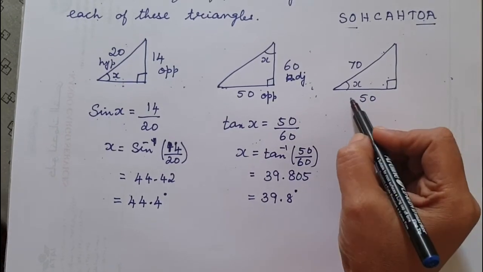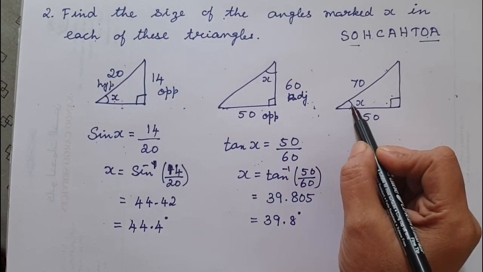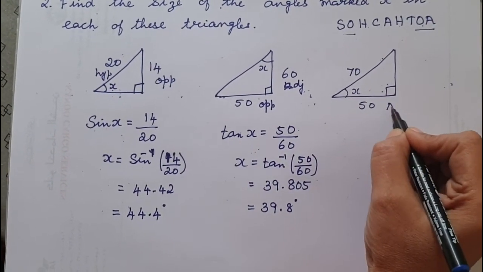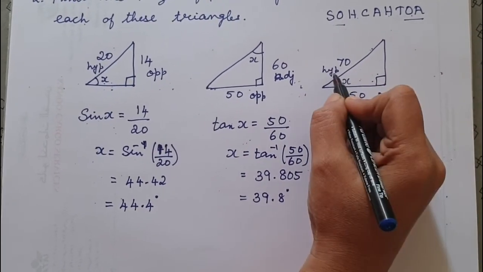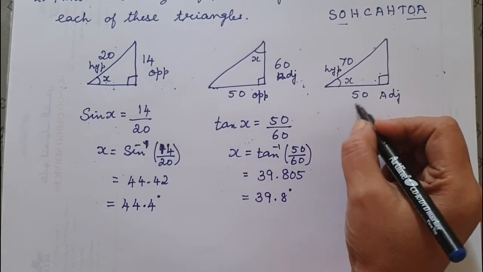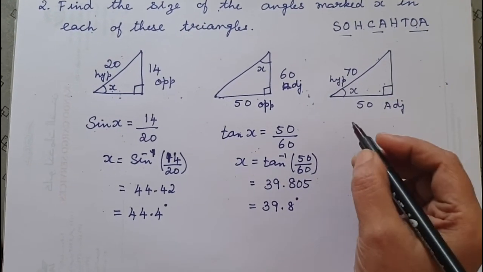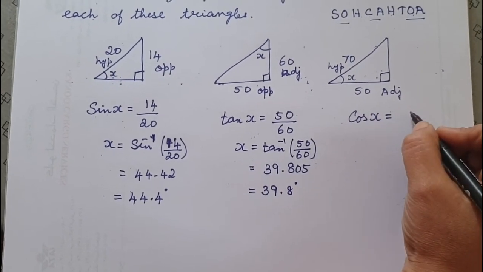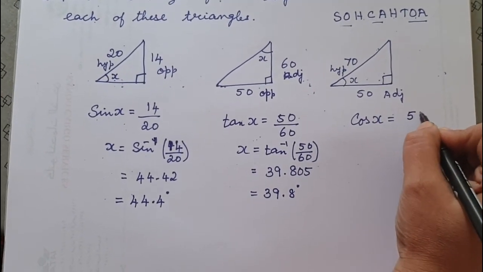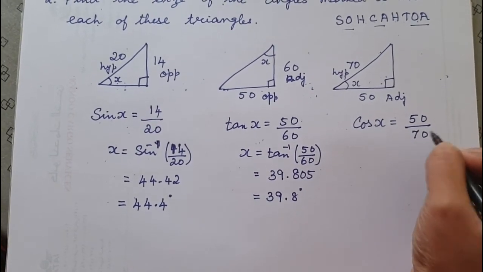Then the last one. This is the x, this is the angle given, so automatically this is the adjacent and this is the hypotenuse, opposite to 90 degrees. Adjacent and hypotenuse goes with cos. So cos x will be equal to adjacent, 50, over the hypotenuse, 70.